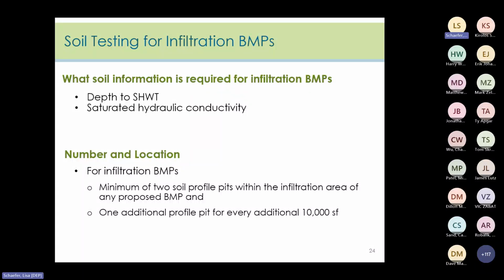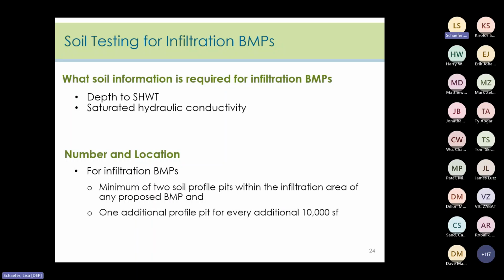Placement of the test pits must be sufficient to provide adequate characterization of the infiltration area. For BMP infiltration areas larger than 10,000 square feet, a minimum of 1 additional soil profile pit must be conducted for each additional area of 10,000 square feet. At least 1 test to establish the soil hydraulic conductivity must be conducted for each soil profile pit.